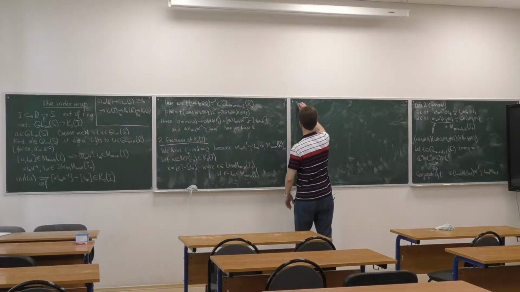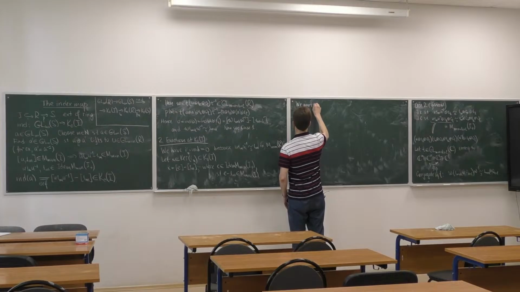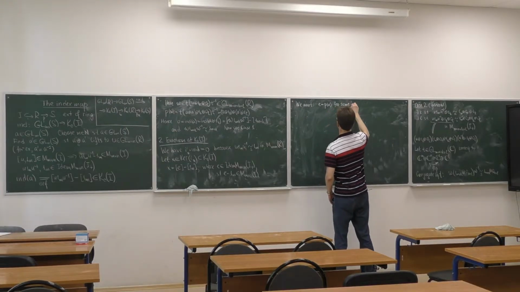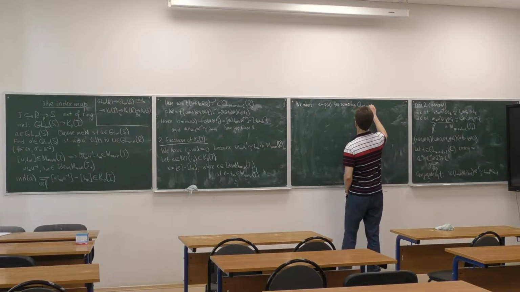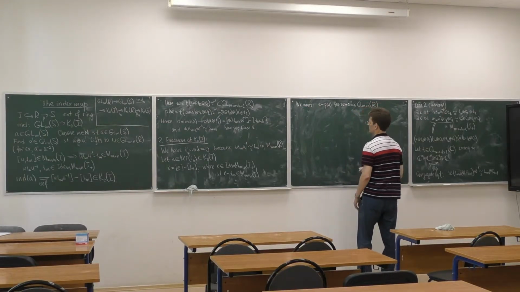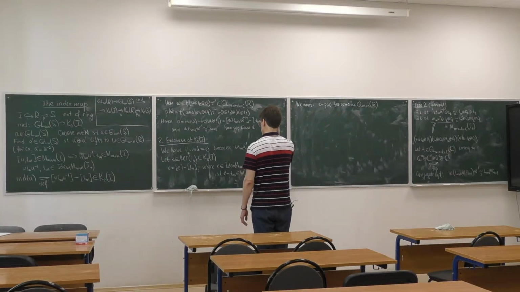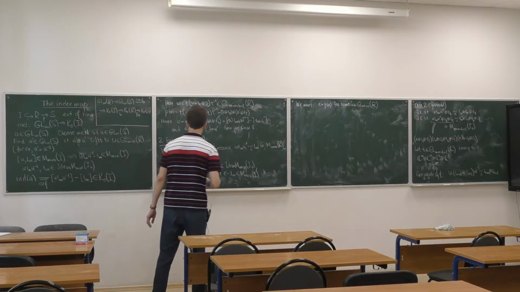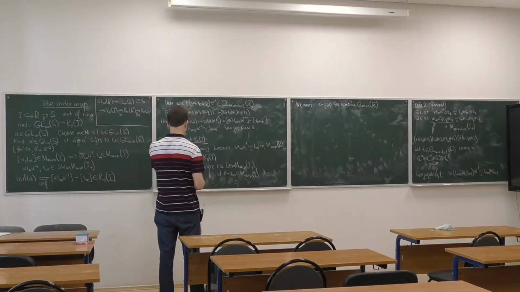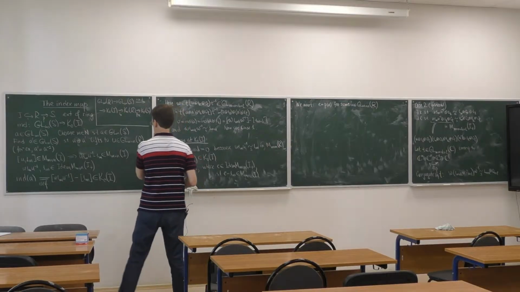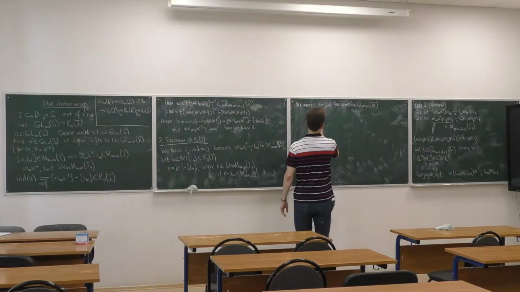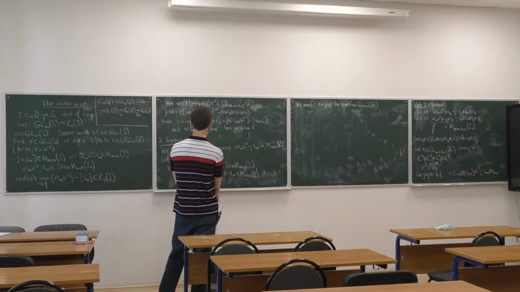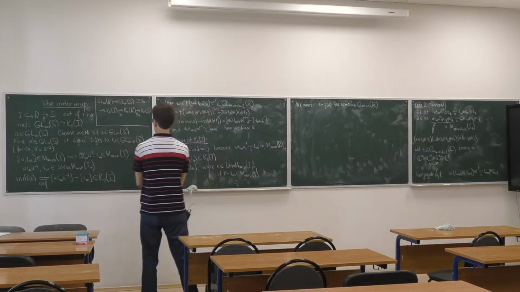Let me write this down explicitly. We want to show that E equals P of U for some matrix U in GL m plus n over R, such that, oh, sorry, not E. Okay, so X is in here.